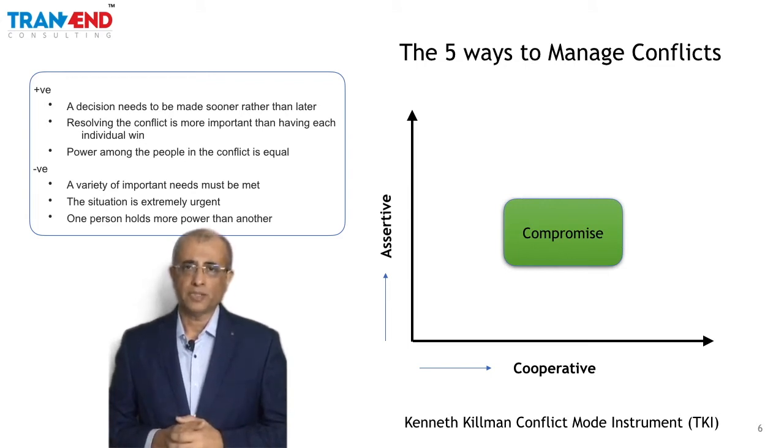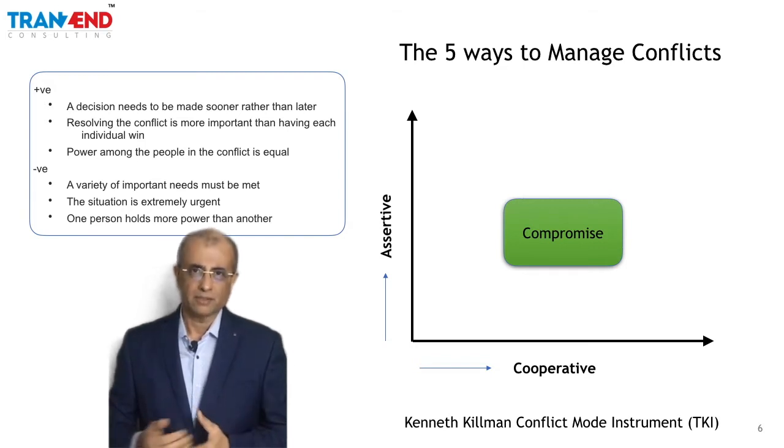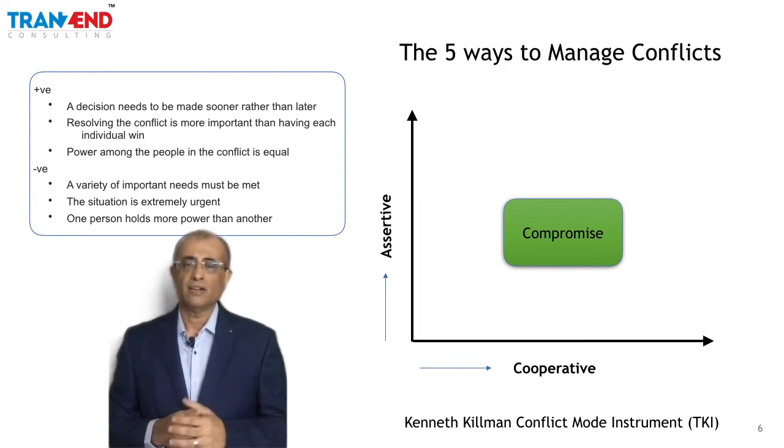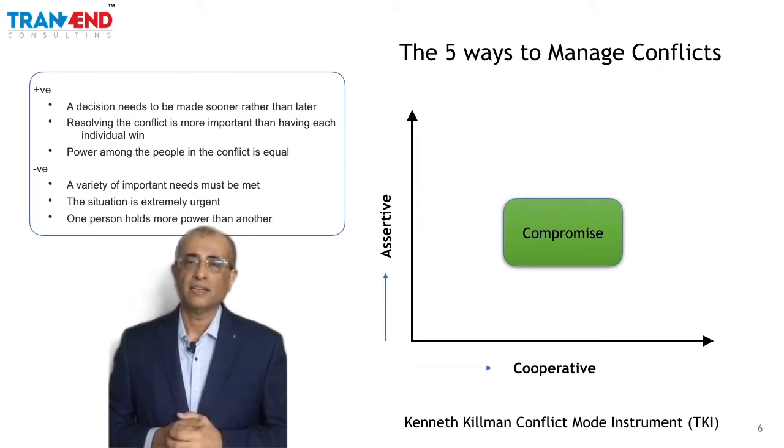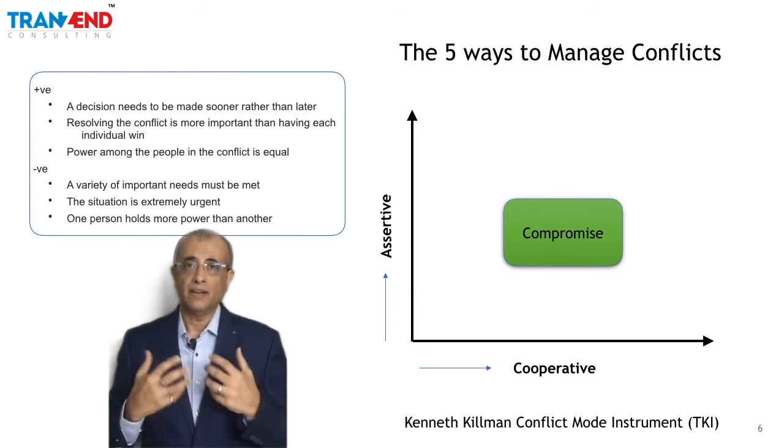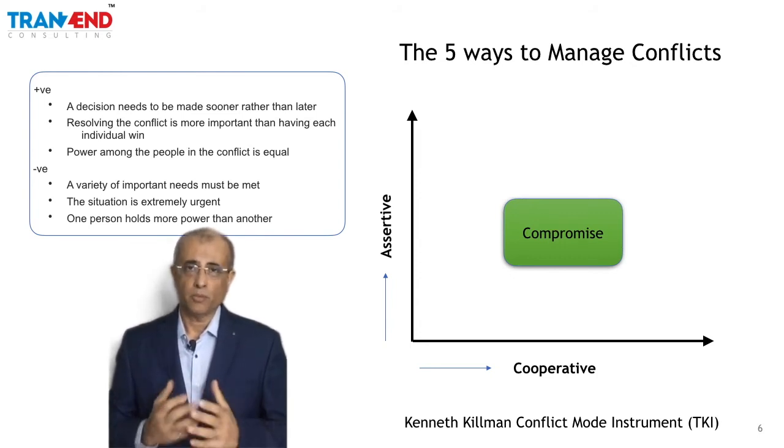Now, if you have three options and you decide to go for the third option, which neither of you had chosen yourself in the first place, then you may realize that the third option actually was not good at all in many of the other factors or needs that need to be fulfilled here. So if there are a variety of needs that have to be resolved, then it's a good idea to collaborate, discuss, and reach a proper conclusion on what has to be done.